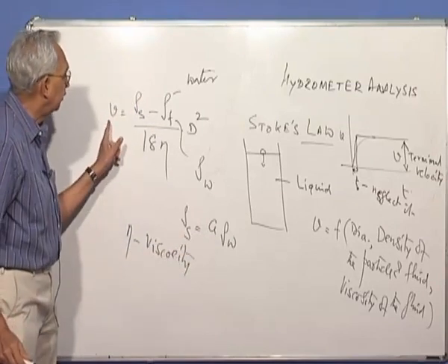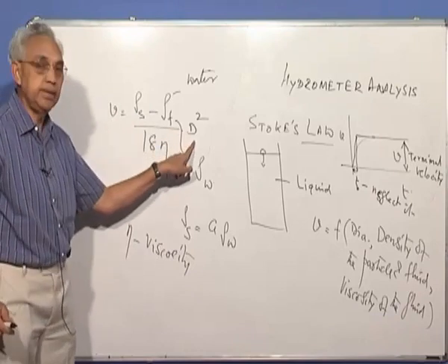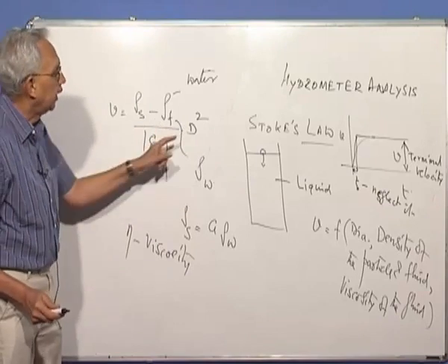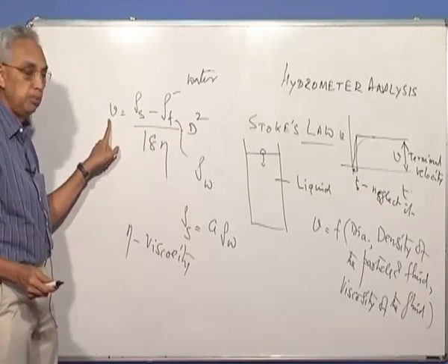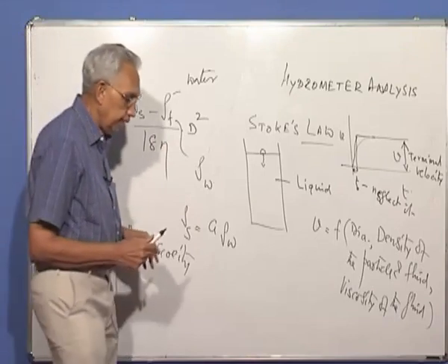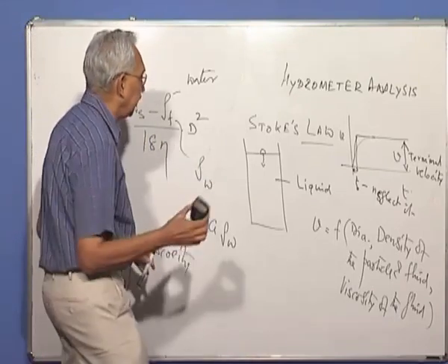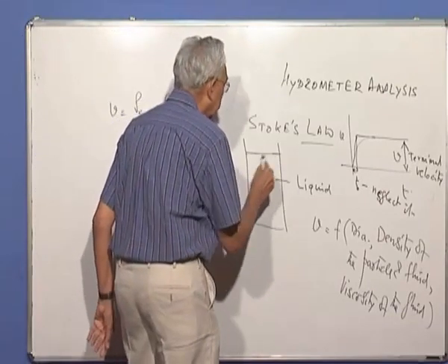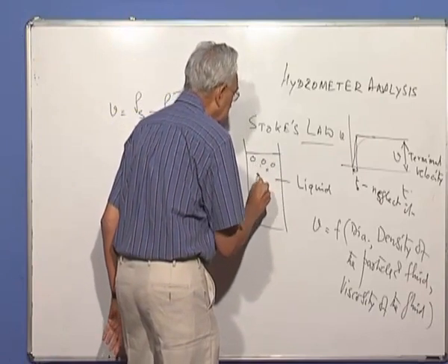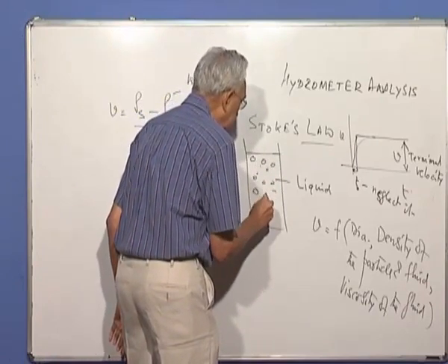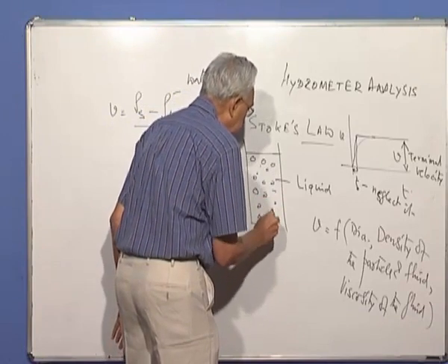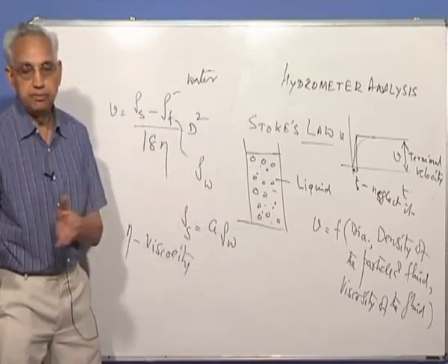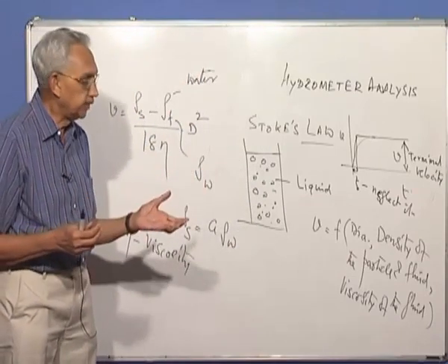So the velocity is proportional to the square of the size of the particle, the diameter or whatever it is. The larger the particle, the faster will be the velocity. So can I say, if I now ask you to visualize, instead of one particle, I put in soil of different sizes. And this is a usual jar you find in a laboratory, a 1000 cc jar.